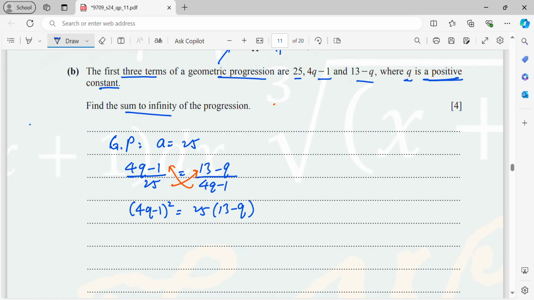And now just do the quadratic expansion. So for the left hand side, I will write a minus b squared, that is a squared minus 2ab plus b squared. So you square the 4q, that is 16q squared. 4q times minus 1, then times another 2, that is minus 8q. Minus 1, you change to plus 1 squared, that is 1.